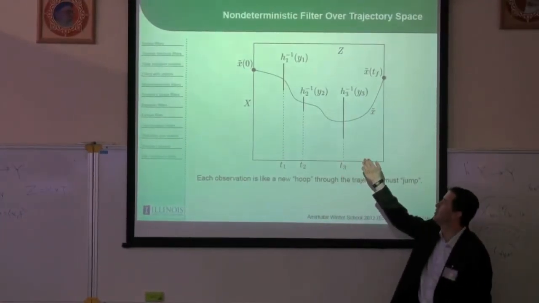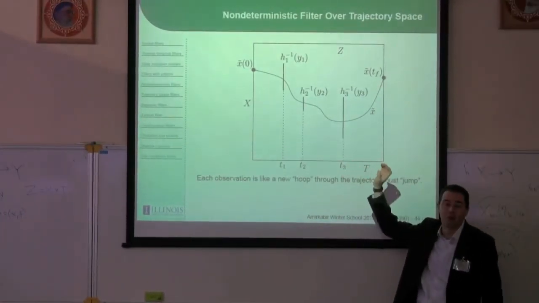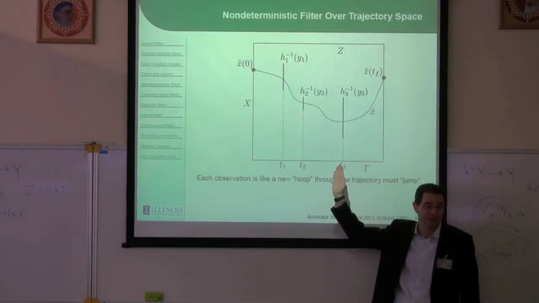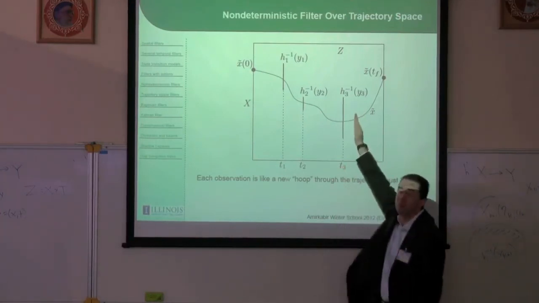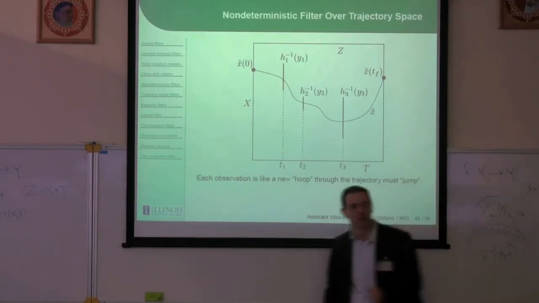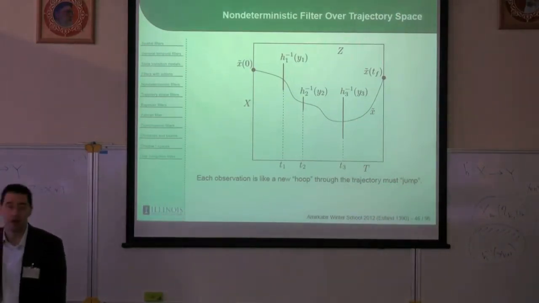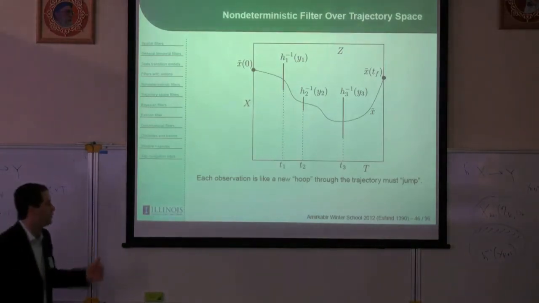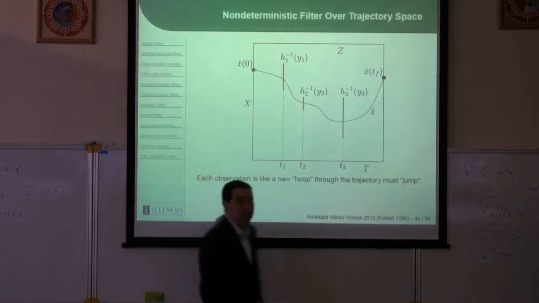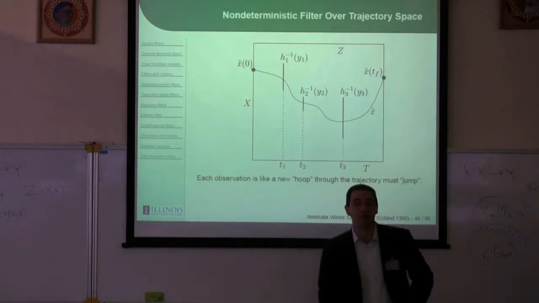So this is an interesting way to view one kind of temporal filter as triangulation. If I get another observation, it just makes another hoop, right? And that further constrains the set of trajectories. But I just think it's a nice way to look at this, and it connects very naturally to the spatial triangulation ideas that we talked about.